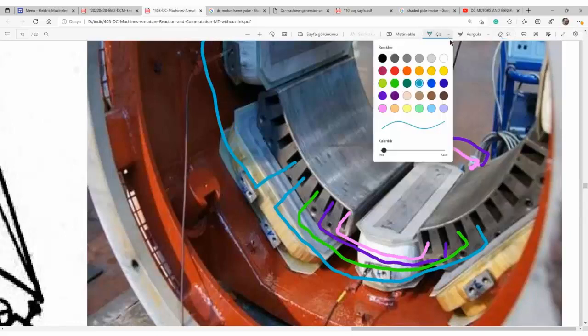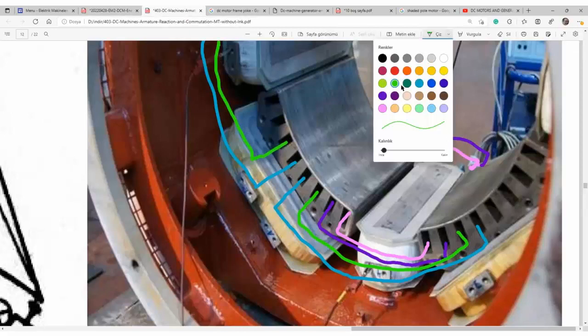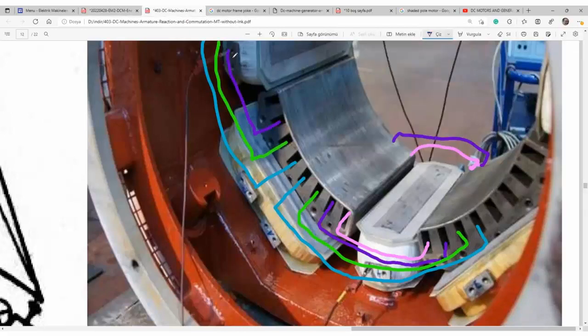change back to green, from here, and then magenta, purple, and then pink. You see symmetrical construction.